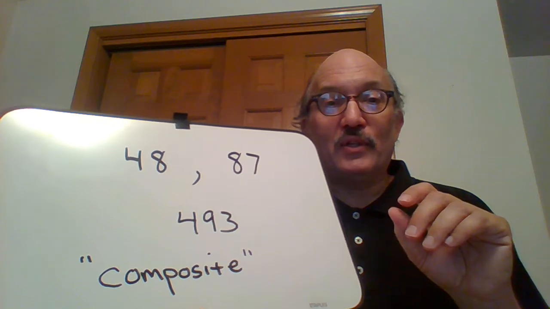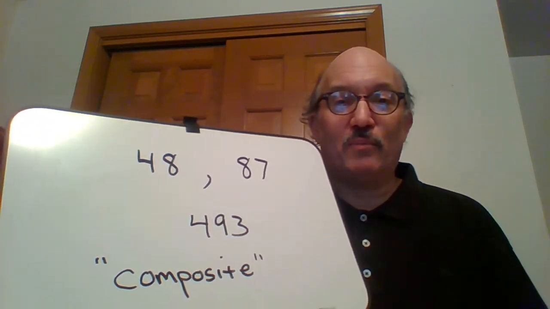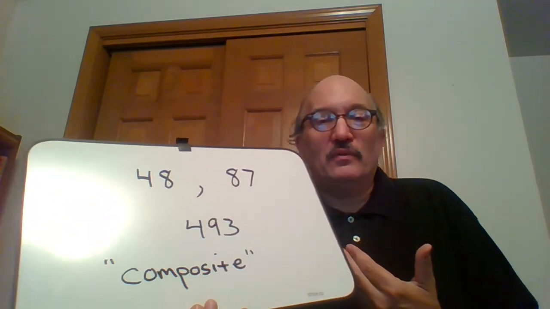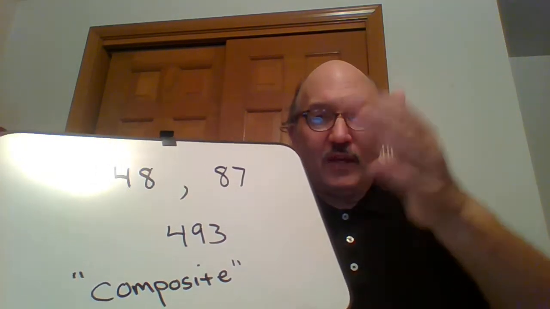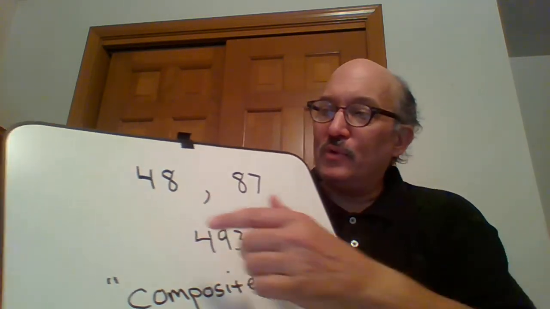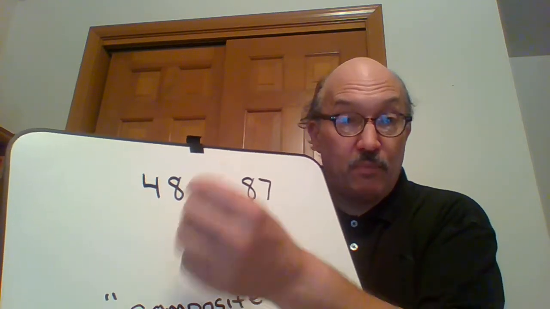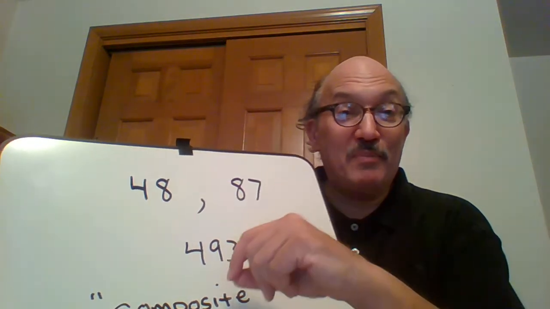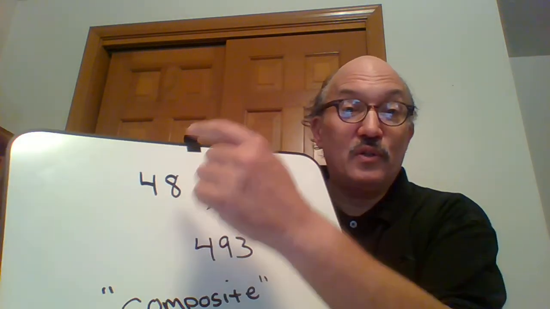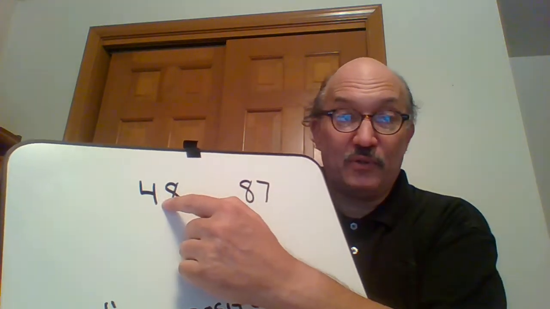Prime numbers are sometimes called the building blocks of the whole numbers. And it has to do, again, with the fundamental theorem of arithmetic. You've got the prime numbers, and then any other numbers like 48 can be built with the prime numbers, just like table salt can be built with sodium and chlorine. The 48 can be built with 2 times 2 times 2 times 2 times 3, 2 to the 4th times 3, as we saw.